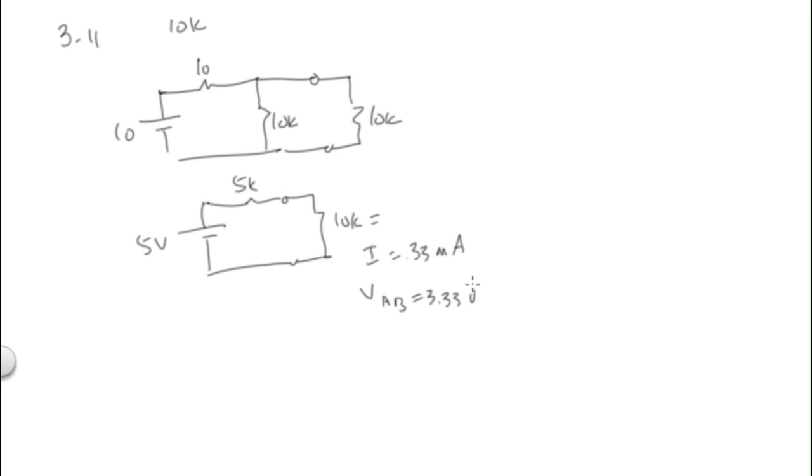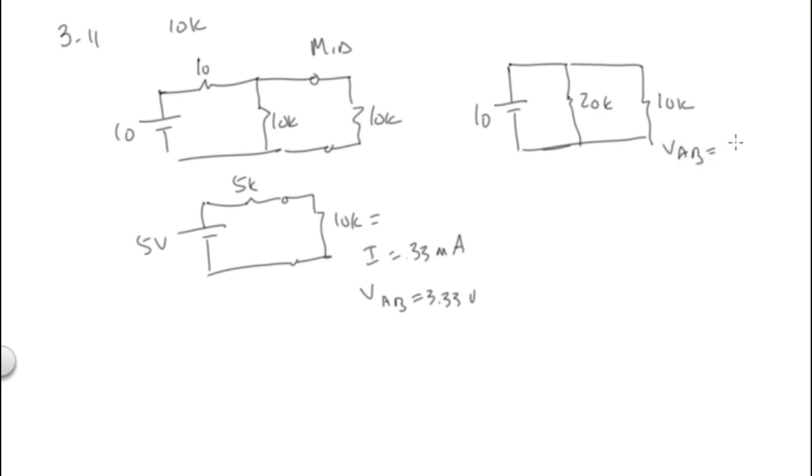If it's at the top of the wiper, it's 10 volts, but you've got 20K here, and this is 10K. My voltage here, VAB, is 10 volts because they're in parallel, and my current would be 1 milliamp.